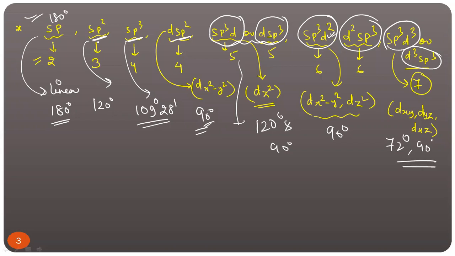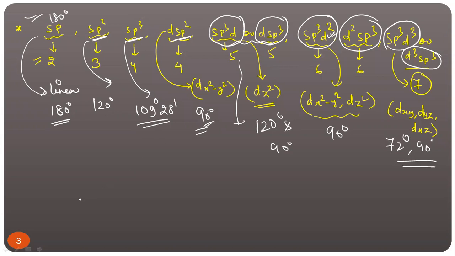Shapes: linear, triangular planar, tetrahedral, square planar, trigonal bipyramidal, octahedral, and pentagonal bipyramidal.